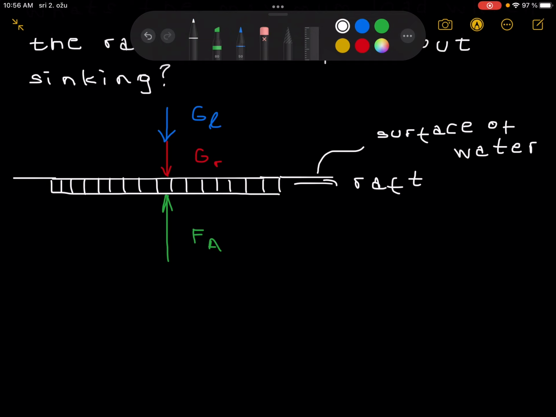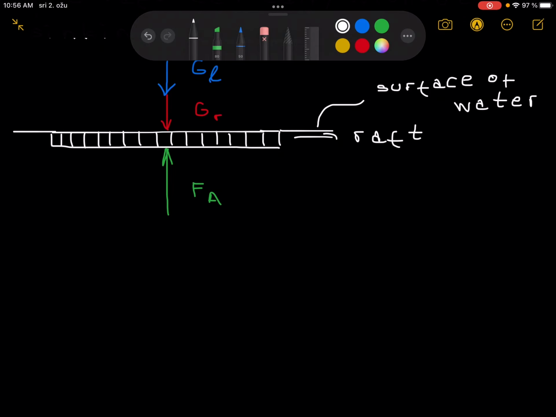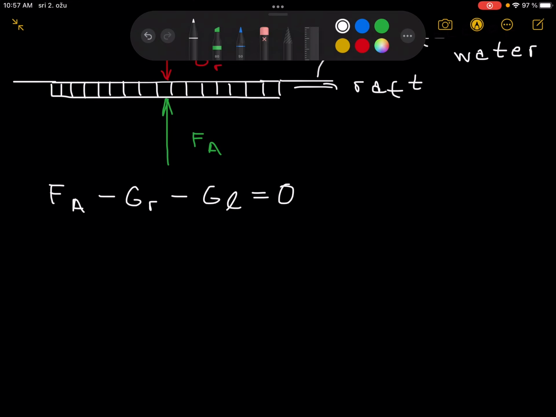Now, of course, if we know anything about statics, one of the equilibrium conditions is that the sum of forces must be equal to 0. So, F Archimedes minus the weight of the raft minus the weight of the load must be equal to 0.